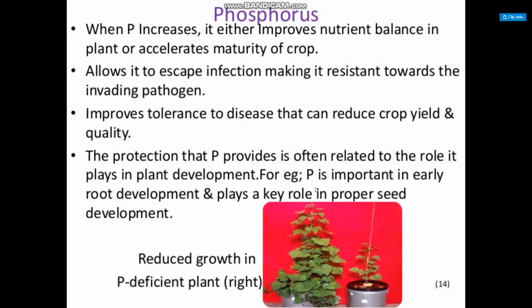The protection that phosphorus provides is often related to the role it plays in plant development. For example, phosphorus is important in early root development and plays a key role in proper seed development. These images show reduced growth in phosphorus-deficient plants.